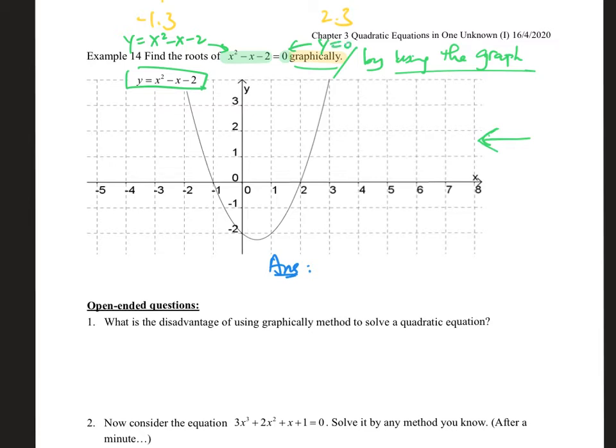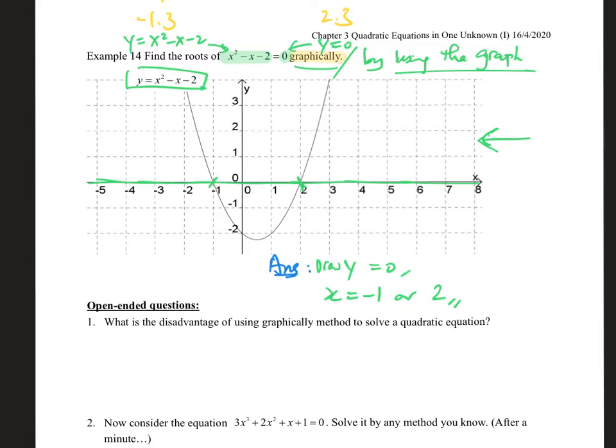So your answer should be presented as: draw y equals 0, and you really draw it. I don't have a ruler now, so I just sketch it very roughly. Then you read the answers, number 1 and number 2, and say x is minus 1 or 2. That's all. Not very hard, right?